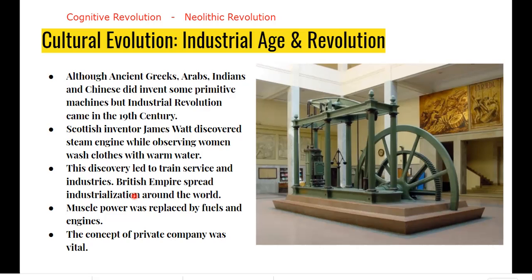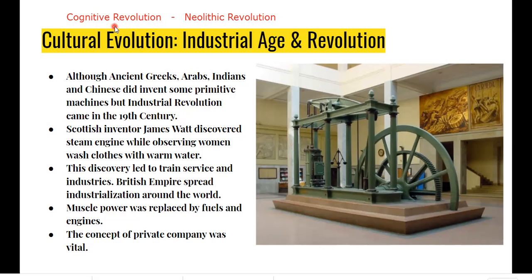Industrialization led to massive migration, urbanization, and massive industrial development, which led to the foundation of modern capitalism and the modern global economy.